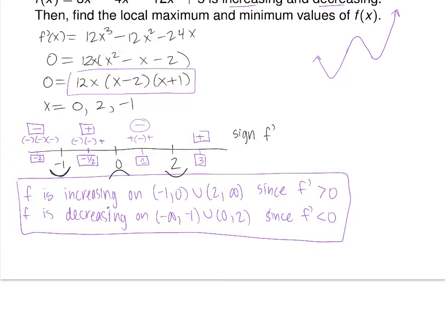So where are the local minima? At x equals -1 and at x equals 2. When you plug those numbers in, I'm pretty sure with WebAssign you'll actually have to plug them in. When you plug in -1, you get 0, and when you plug in 2, you get -3.